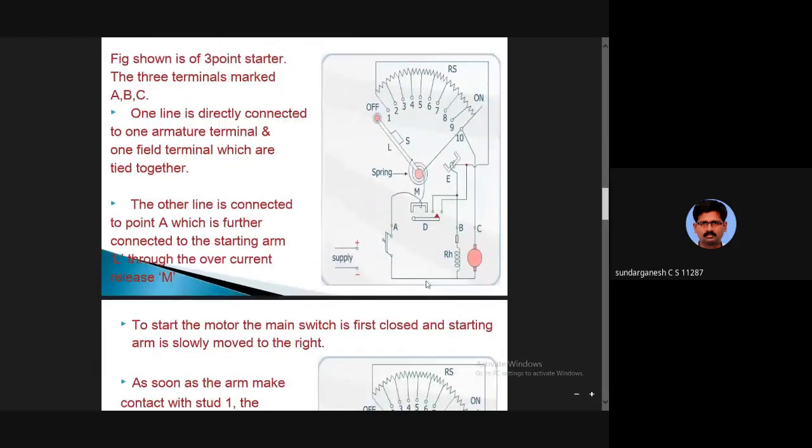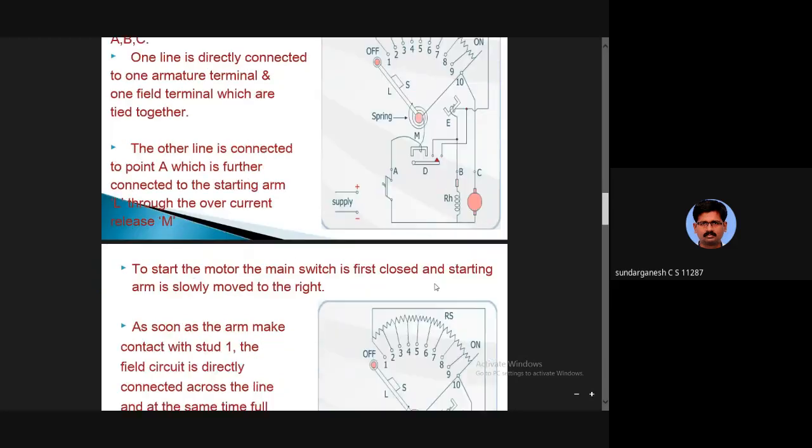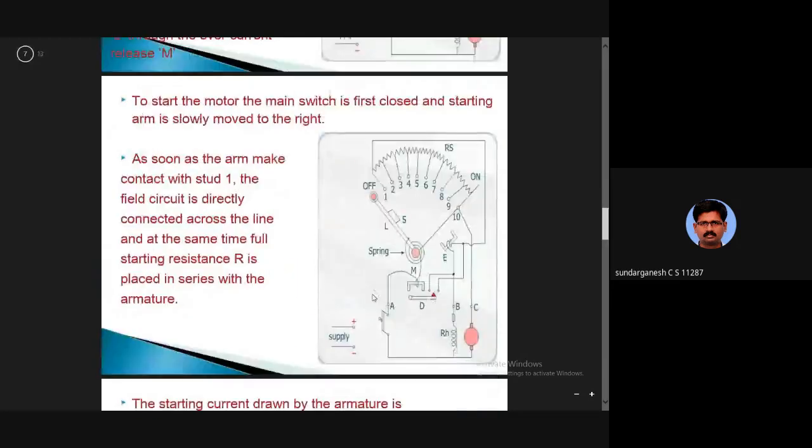In order to start the motor, we first put on the main switch and slowly move the handle to the first position. As soon as the arm makes the first position, the field circuit is directly connected across the line. At the same time, full starting resistance will be in series with the armature.